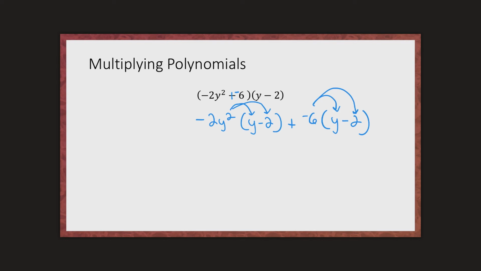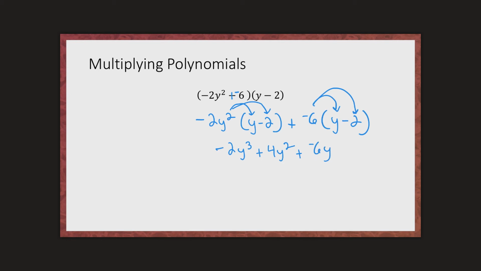So let's multiply those out. Negative 2y squared times y is negative 2y to the third. Negative 2y squared times negative 2, well, negative times the negative is a positive. 2 times 2 is 4. 4y squared. Then we have negative 6 times y, so plus negative 6y, and I changed that minus sign to a plus negative just for this reason.